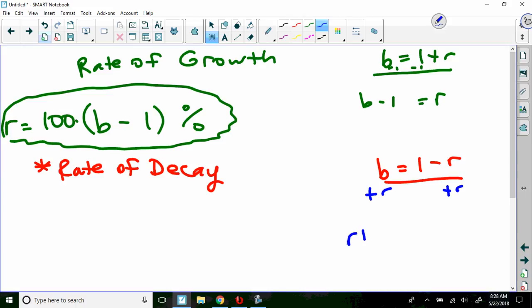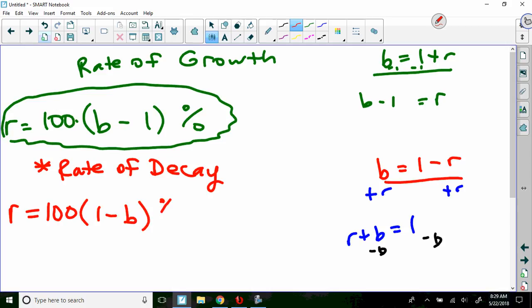So I would have r plus b is 1. And then if I wanted r by itself, I'd have to subtract b from 1. So the rate of decay, I have to multiply by 100 to make it a percent. That's going to be 1 minus b, like that.